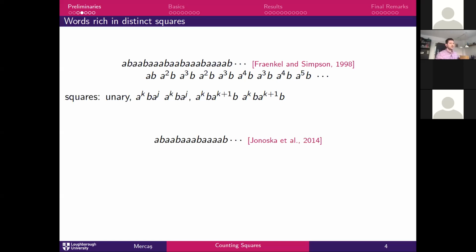Then some years later, in 2014, Jonoska, Manea, and Seki gave another example of a construction of a word which is rich in squares. And this, surprisingly, is very, very simple. Namely, you follow almost the same strategy, but instead of zigzagging, you're just increasing the number of A's. So you have a squared, a cubed, a to the fourth, and then you have only 2 types of squares to look at.